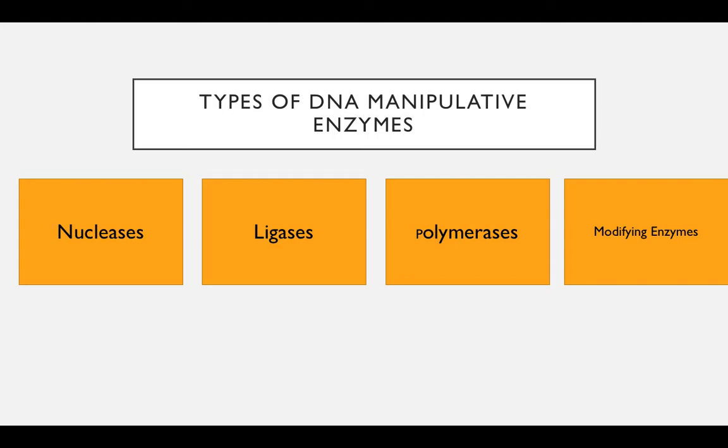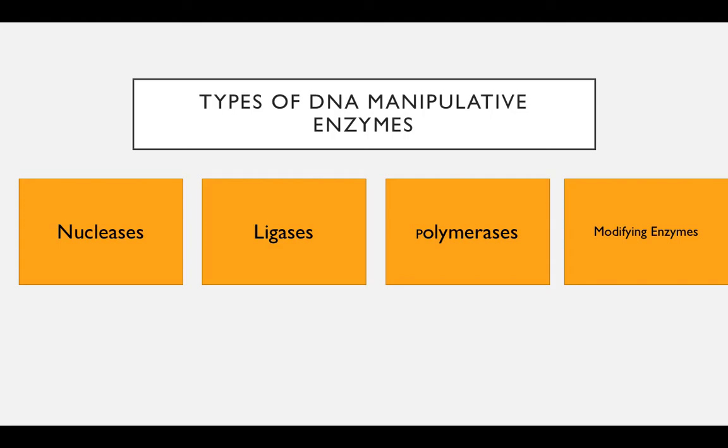One is known as nucleases, the second as ligases, the third as polymerases, and the fourth as modifying enzymes. So your DNA manipulative enzymes are classified into four types: nucleases, ligases, polymerases, and modifying enzymes.